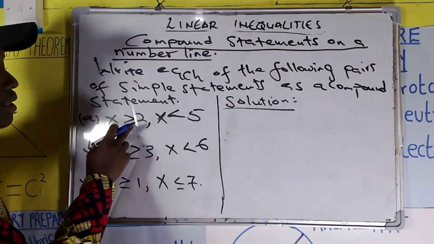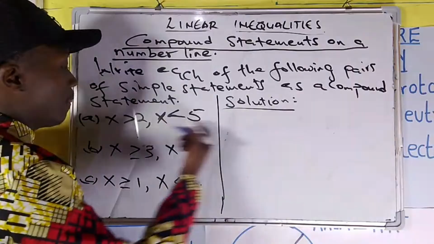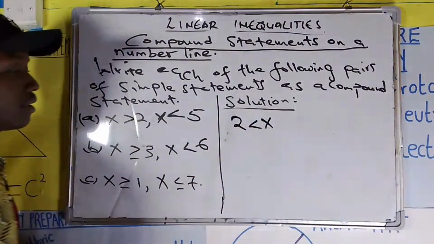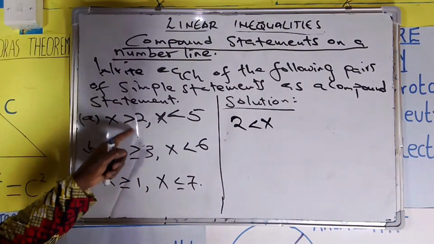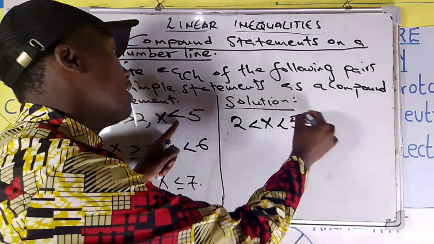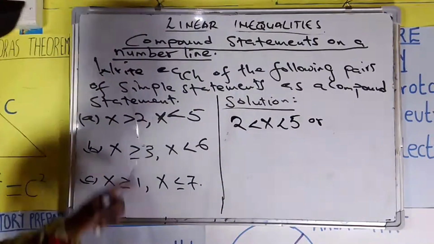Unaweza kuja useme hii tunaweza igeuza ikuwe 2 is less than x. Ujue x is greater than 2 ni the same na 2 is less than x. Nayo hii x is less than 5. Unaweza iandika hivyo.